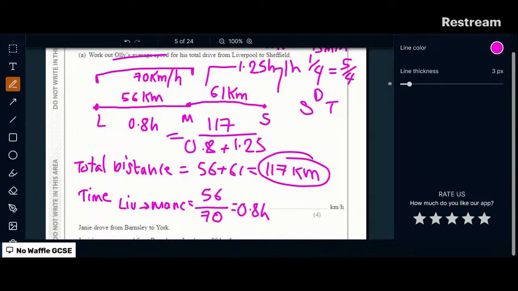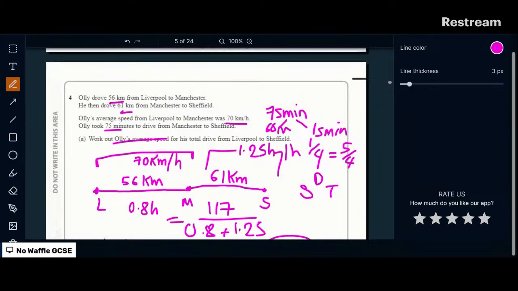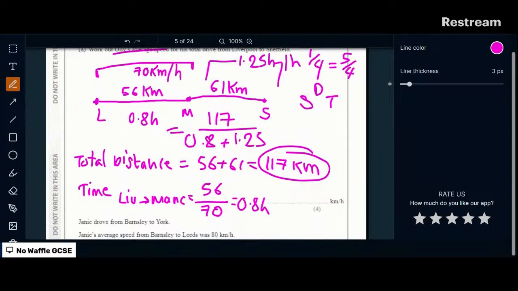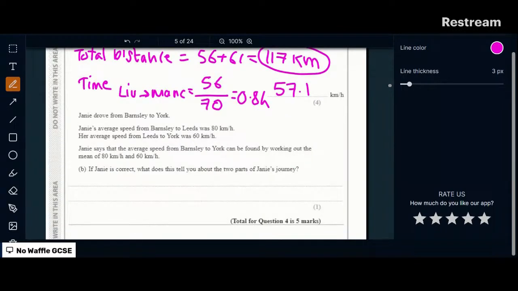So 117 over 0.8 plus 1.25. And that should get you 57.0731. And since everything here is given to two significant figures, we can give it to two significant figures, or in this case, this is three significant figures, so let's do 3. So that's 57.1 kilometers per hour. Okay.